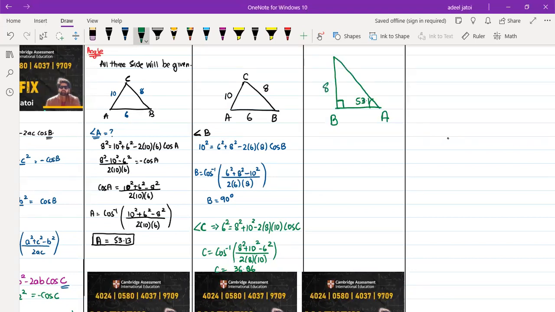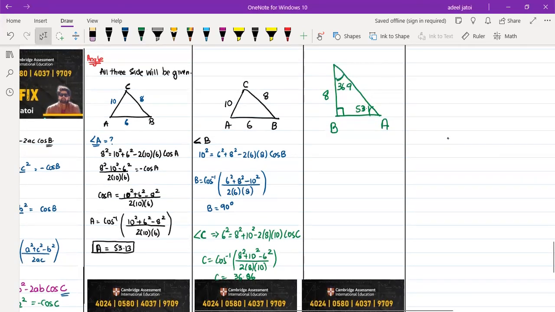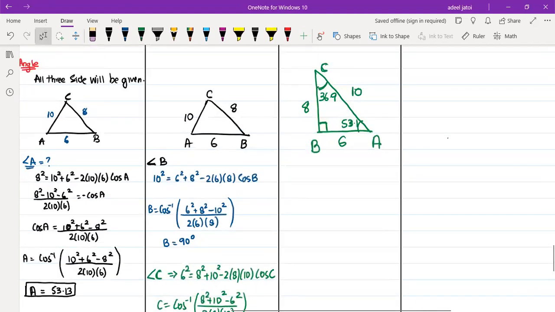Opposite to angle A is 8, where this becomes 36.9. And opposite to this 36.9, because angle C was there, this is going to be 6. So your Pythagoras theorem, even in the right angle triangle, will give me AC as 10. So the Pythagoras theorem says hypotenuse square is equal to base square, or adjacent square, plus perpendicular square.